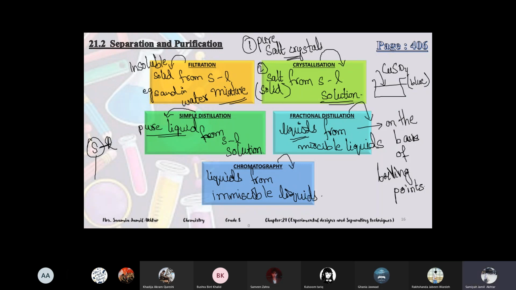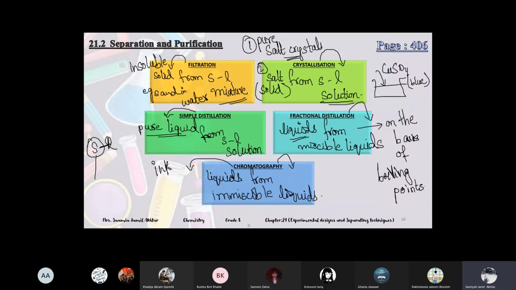And chromatography, you know what is the meaning of the word chroma? Colors. So chromatography is like a colorful separating technique. Different colors will be separated out, and the liquids will be separated according to their different shades. So for example, black ink.